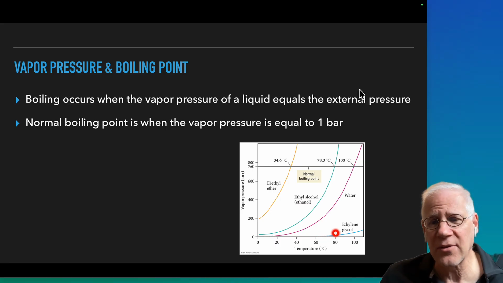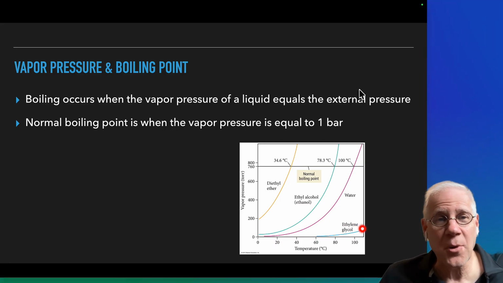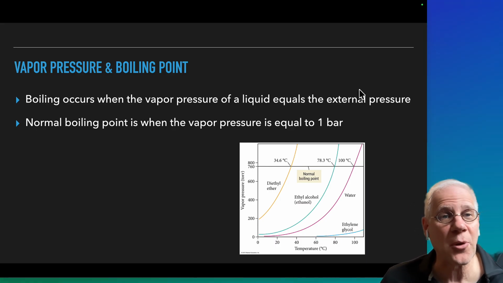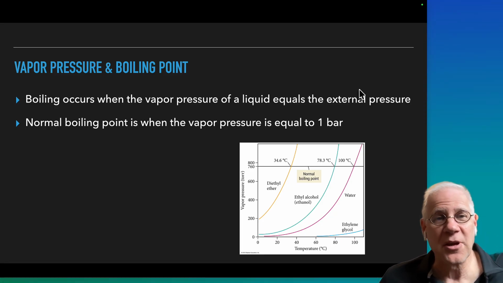And then out here we have ethylene glycol. You can see its vapor pressure is extremely low. It's a fairly large molecule. It does have two OH groups, so it's got two locations possible for hydrogen bonding. So the molecules can really bond to each other quite strongly with intermolecular forces. Ethylene glycol is what we use for antifreeze, or used to be what we use for antifreeze in our vehicles, and it's because it does have a fairly high boiling point, and you mix it with water and it drives the boiling point up even higher.